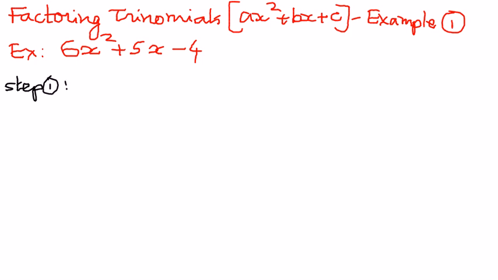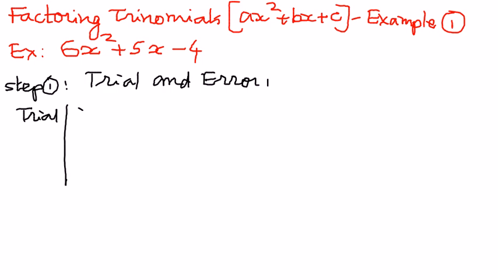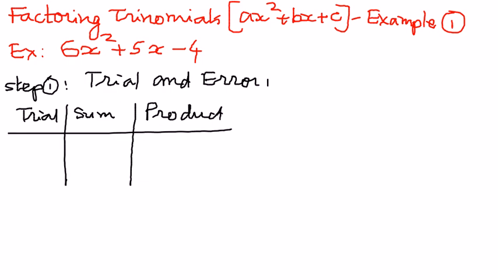Step number 1, we will use the trial and error process. In here we want the sum of two numbers to equal positive 5, and the product of the same two numbers should equal a times c.